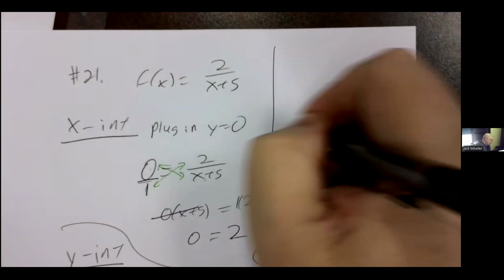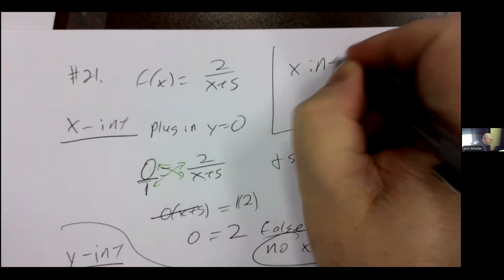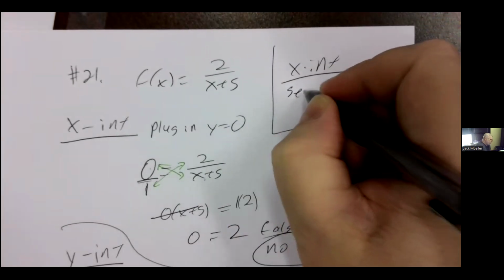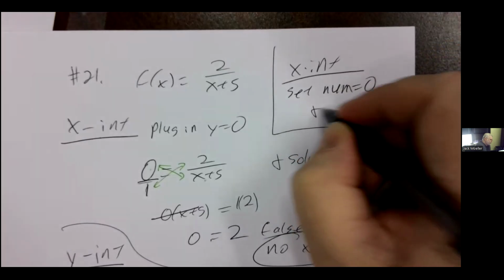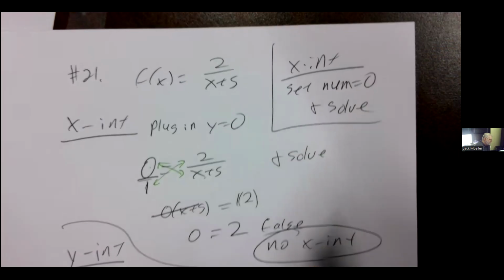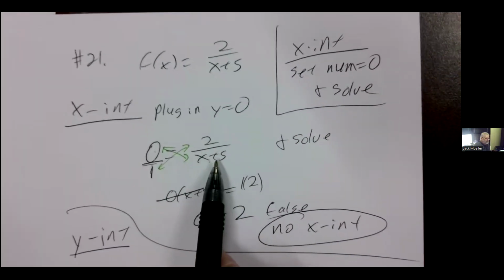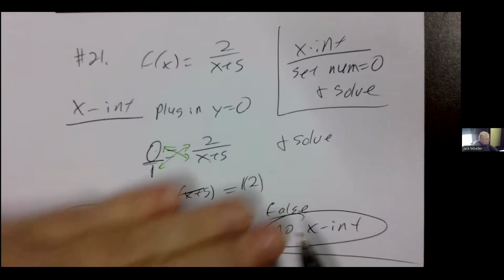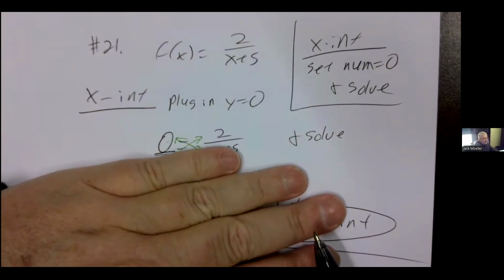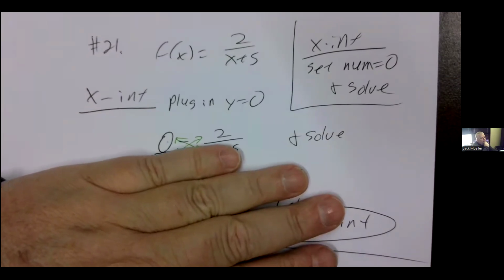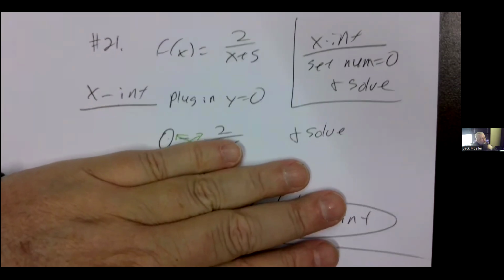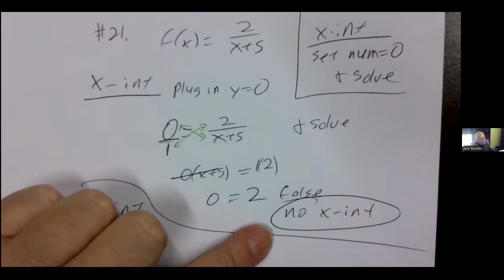So for the x-intercept, what you do is you set the numerator equal to 0, because like I said, the denominator kind of cancels itself out. And so you're just left with whatever's on top equal to 0. So we'll do that with 22 as well and show you a different one. But if there is no x on top in the numerator, there is no x-intercept.